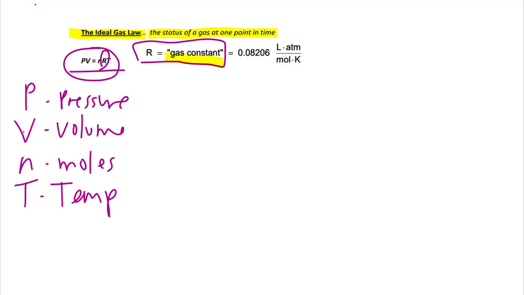That constant is just this number that allows for pressure times volume to equal our moles times temperature. It's this scientifically found number, 0.08206, that makes this equation work.